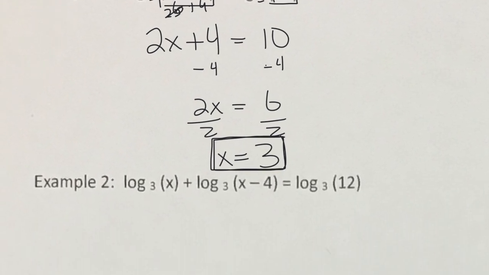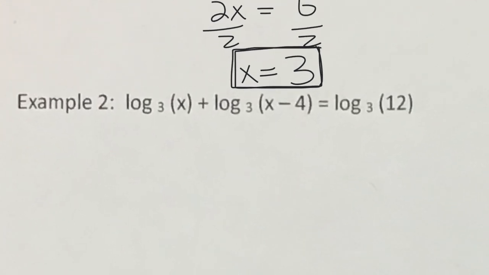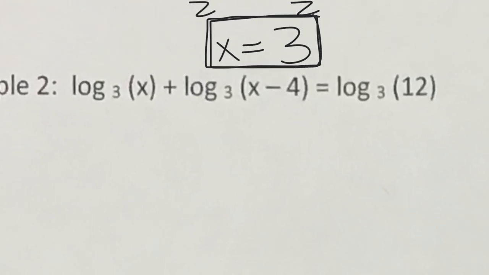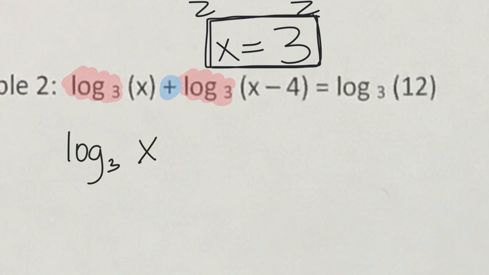So that is basically the one property we're using for everything. But notice in this problem there are how many logs on the left? Two of them, and that's too many. There's log base 3 of x, and there's log base 3 of x minus 4. So we're going to apply the property that says if I am adding logs together, I can change addition to multiplication.